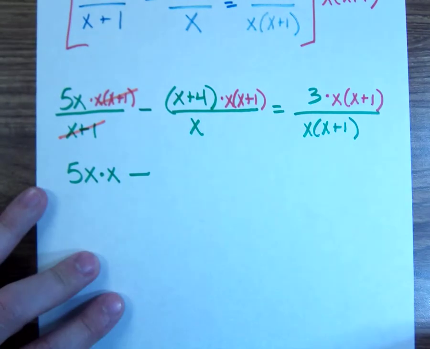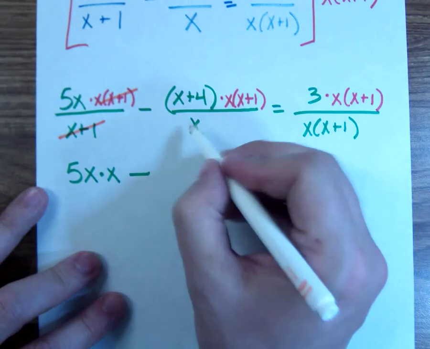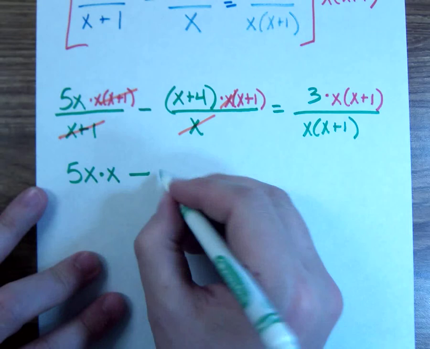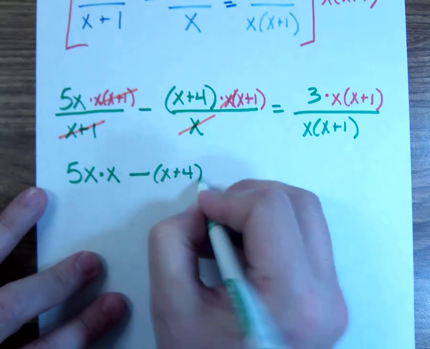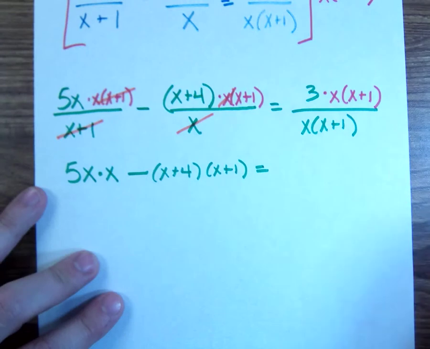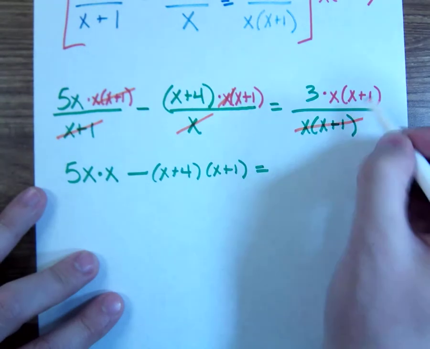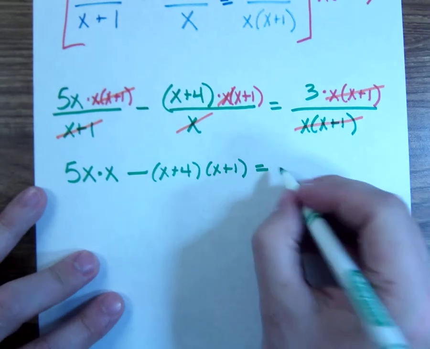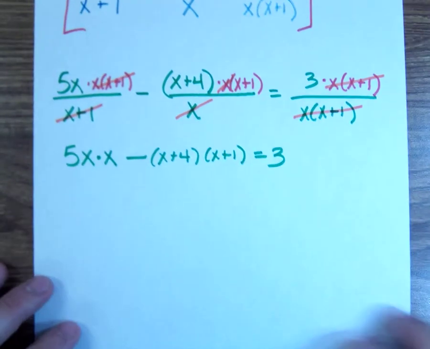Minus, here, the x's are gone, which leaves us with x plus 4 times x plus 1, equals 3.